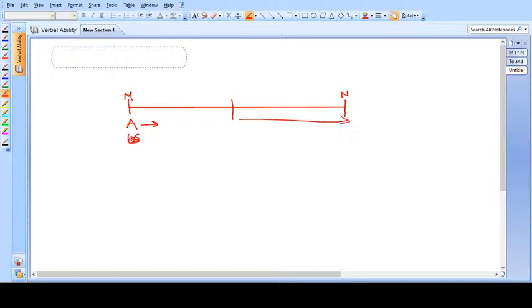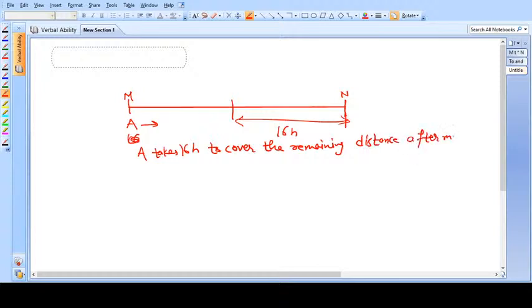A takes 16 hours to cover the remaining distance after meeting, and B takes 9 hours to cover the remaining distance after meeting.